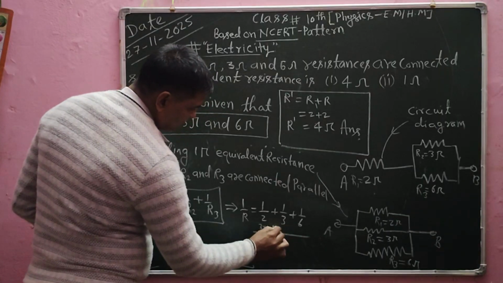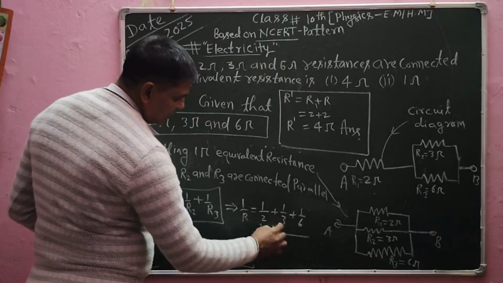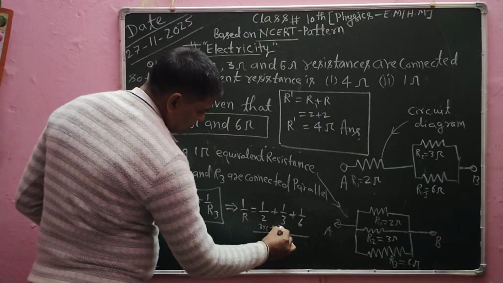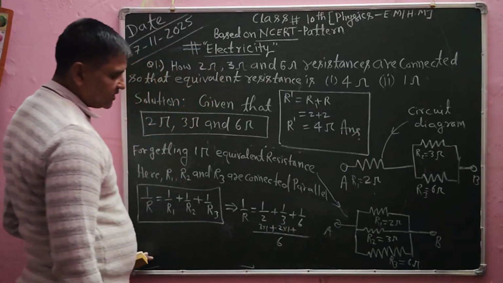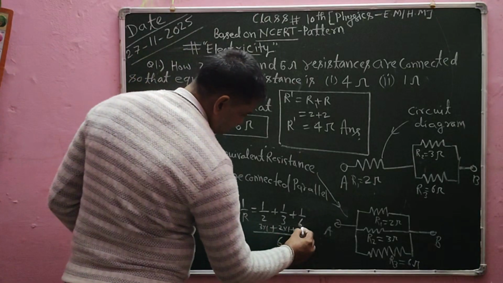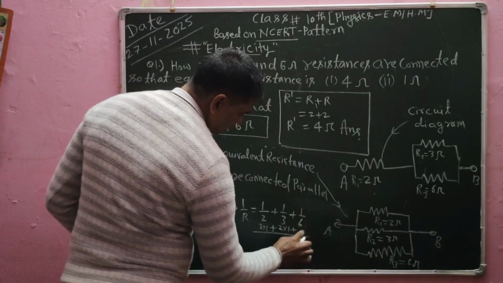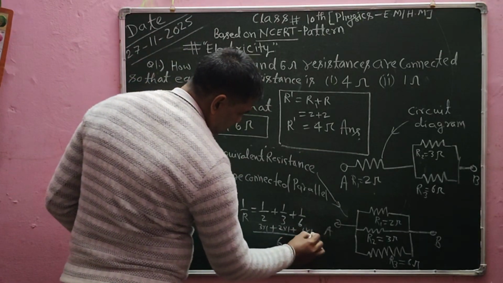Here the plus sign is available, I will put the plus sign. Now 6 divided by 3, I will say 2 into 1. Similarly, 6 divided by 6 will be 1 into 1.